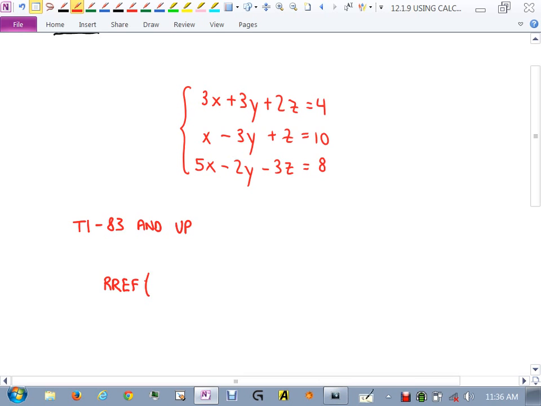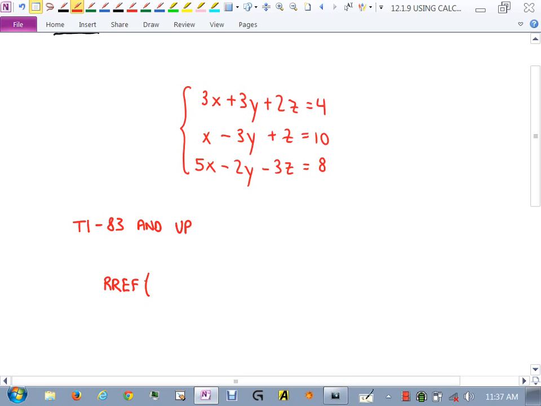Now, what this stands for, not that it's really important, is reduced row echelon form. What that's basically saying is it will diagonalize any system of equations. It'll diagonalize it for you, so it'll do that clearing out of the 0s underneath.